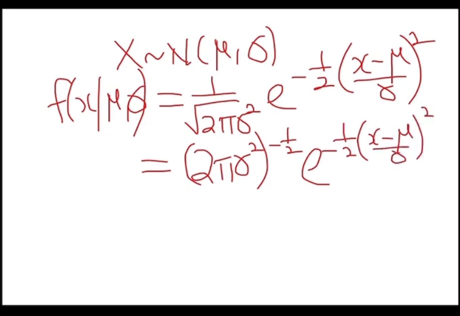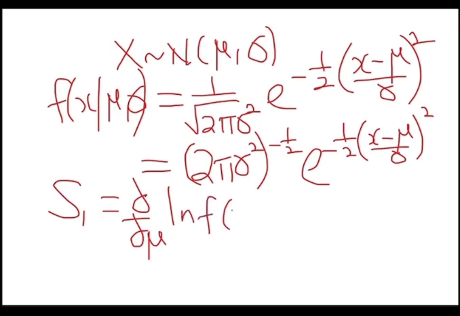Now you remember the other time, if I want to get a score function, let's say I want to get the score functions one at a time. I'm going to call that one s1, the one that has to do with mu first. Then I'm going to get a score function that has to do with the standard deviation.